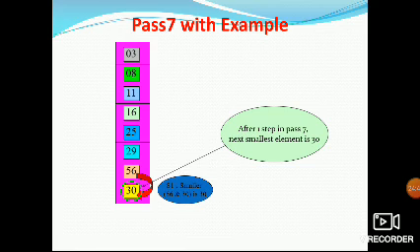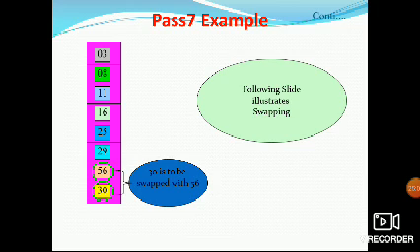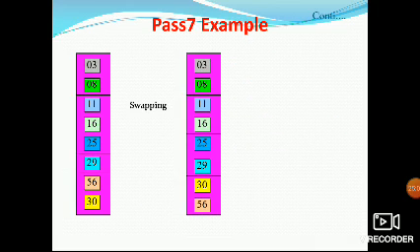After one step in pass 7, the next smallest element is 30. 30 is to be swapped with 56. We have to swap 56 and 30. So swapping is done, 30 and 56.